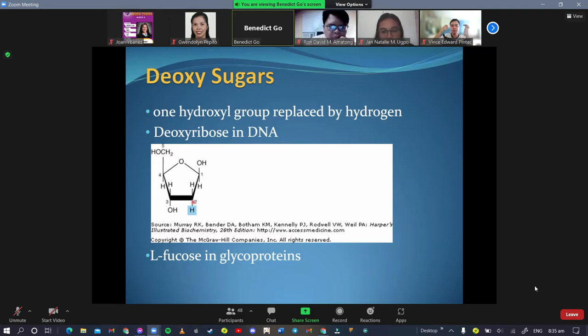As you can see here, the example is deoxyribose found in DNA. Here, the hydroxyl group of carbon 2 is replaced with just hydrogen. Another example of a deoxysugar would be L-fucose, found in glycoproteins. We will discuss that in subsequent units.